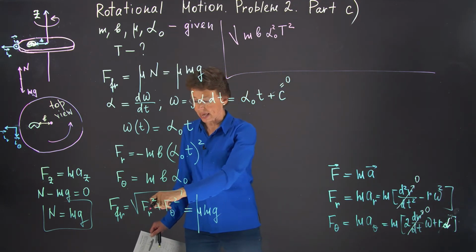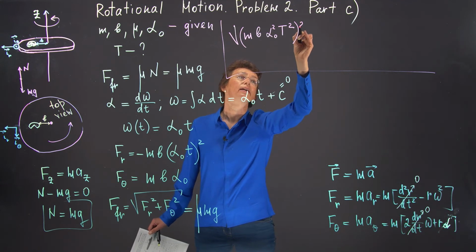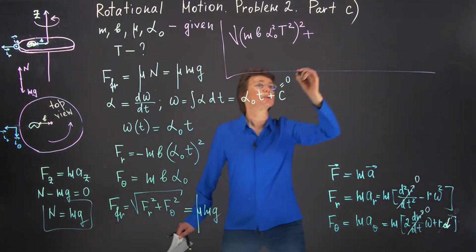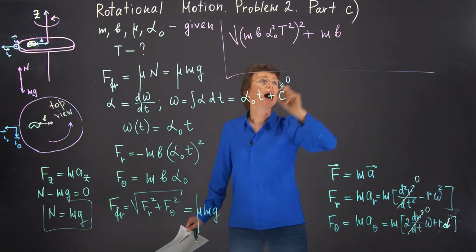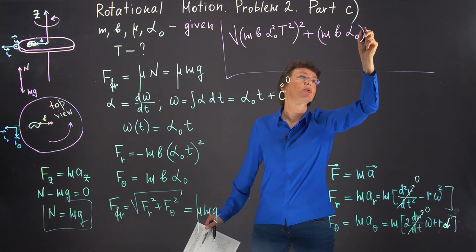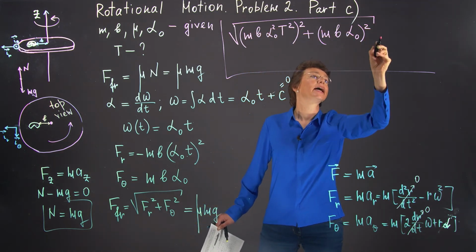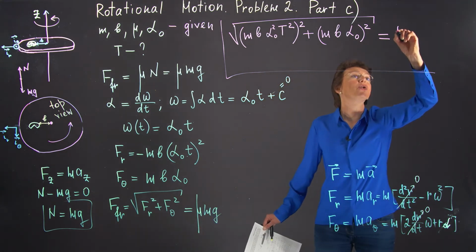And this is Fr squared, plus F theta squared, which is m b alpha naught, all given quantities, squared, square root. And this has to be equal to mu mg.